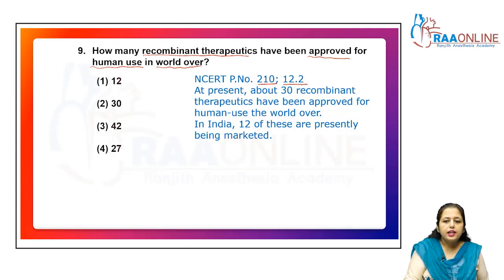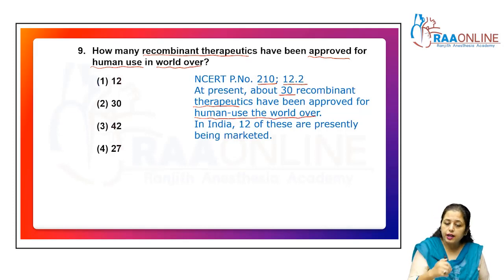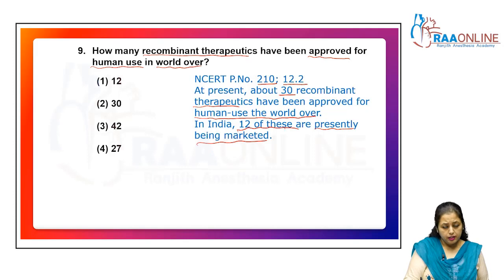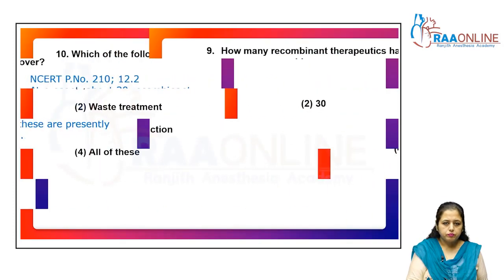It is given that at present about 30 recombinant therapeutics have been approved for human use all over the world. But in India, 12 of these are presently being marketed. So the answer is the one marked Bombay. Come to the next question.